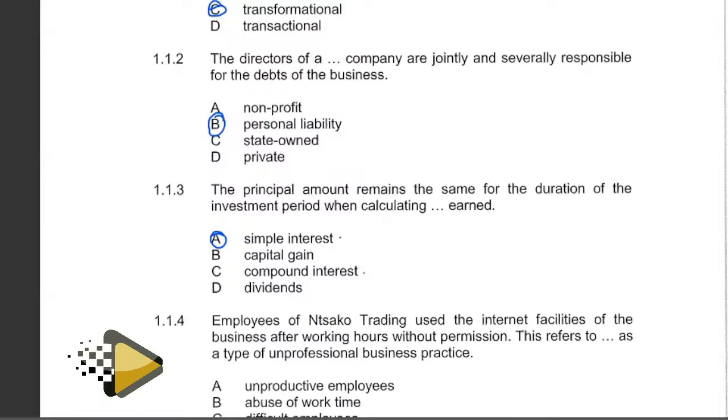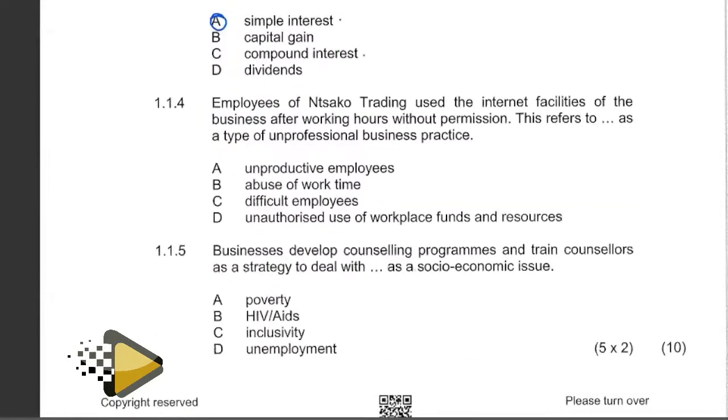1.1.4 reads as follows. Employees of Ntsago Trading used the internet facilities of the business after working hours without permission. So this refers to dash as a type of unprofessional business practices.